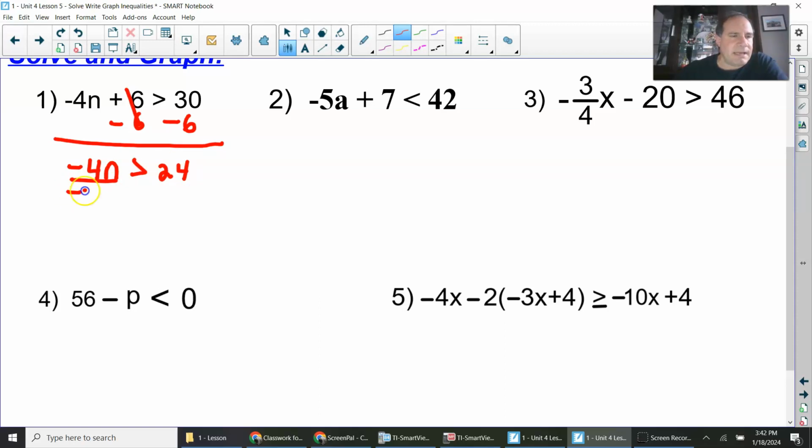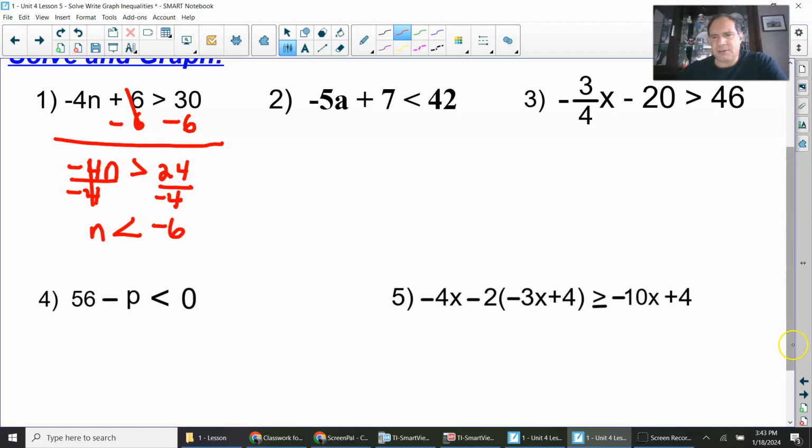Then I divide by negative 4, and that's the part that I have to flip the inequality symbol. I am dividing by a negative 4, and now I have a negative 6. N is less than negative 6. I'm not going to graph it. That's when you flip the inequality symbol.